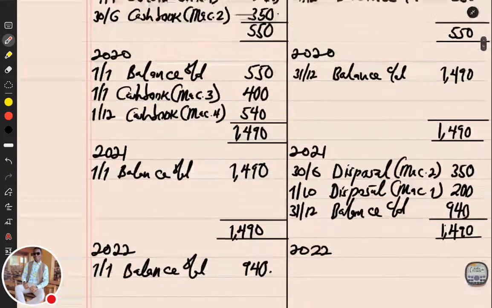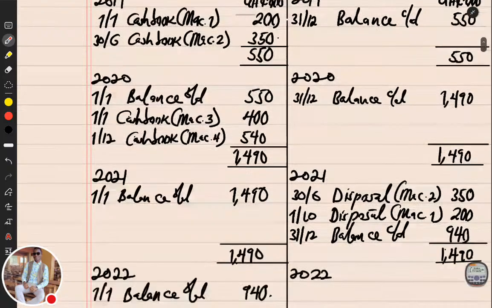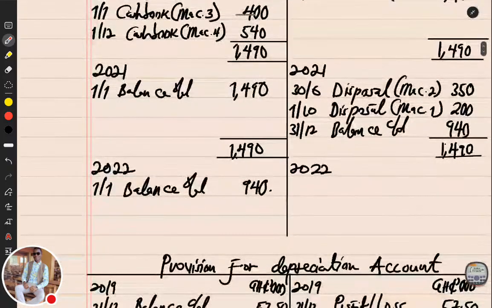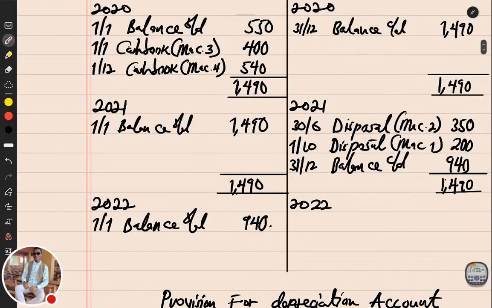So we go back to the machine account, then we have to record it there. So we have what? For the machine account, we have disposal here, information here. You can see disposal information here. Okay. So you're going to record that also in the disposal account.